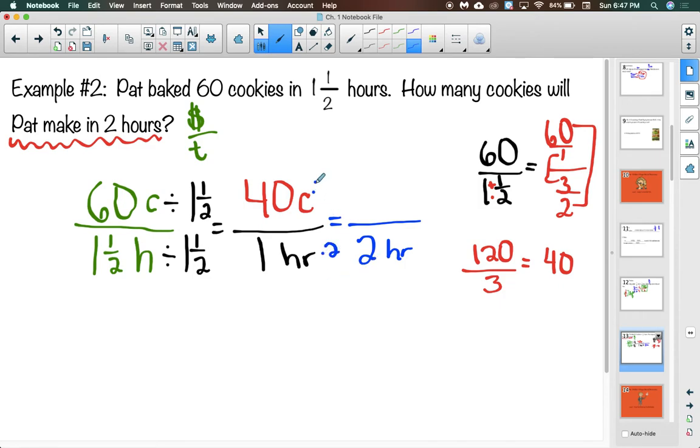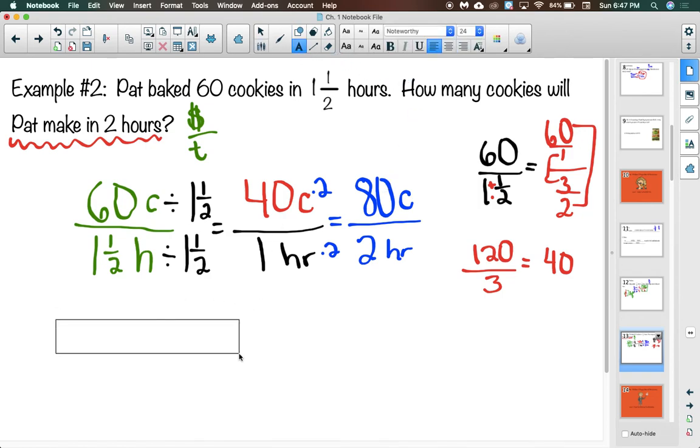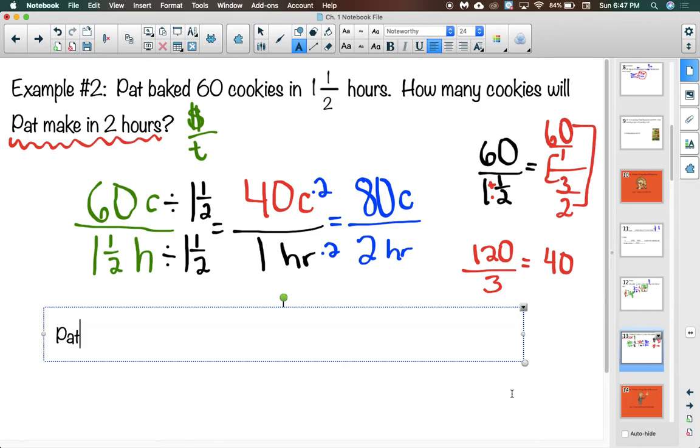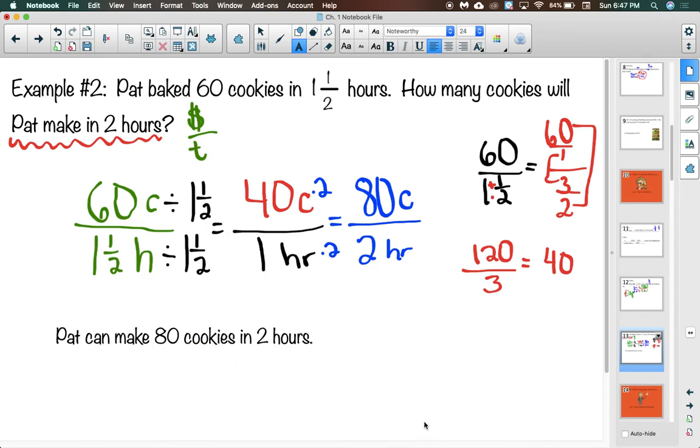And I do the same thing to the numerator to keep the ratio equivalent. 40 times 2 is 80. So I know that Pat can make 80 cookies in 2 hours. So if I would want to write this answer sentence, I would write Pat can make 80 cookies in 2 hours. And that's a good answer sentence for my question.